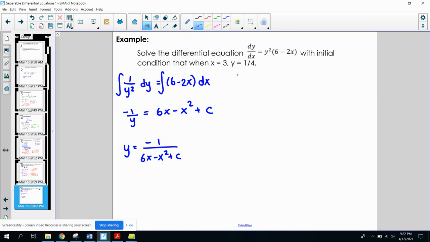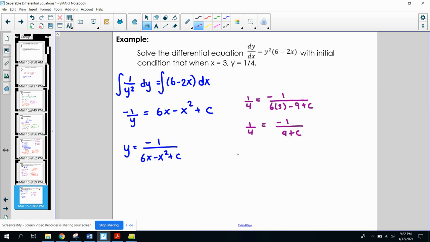Then they give us the initial condition. I'll plug in 1/4 in place of y, so 1/4 equals negative 1 over, and I'll plug in 3 for x. So I get 6 times 3 minus 9, plus c. So we get negative 1 over 18 minus 9, so 9 plus c.